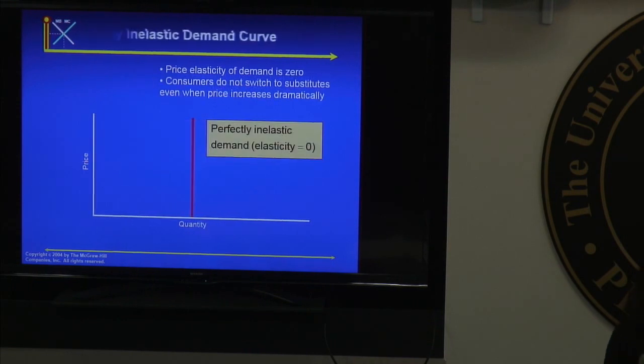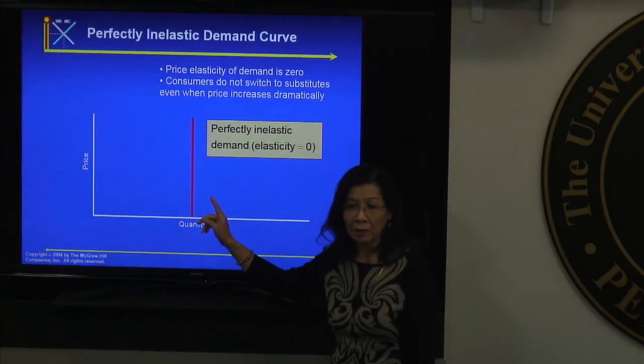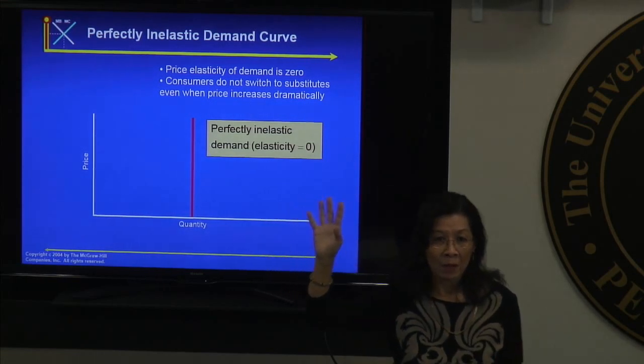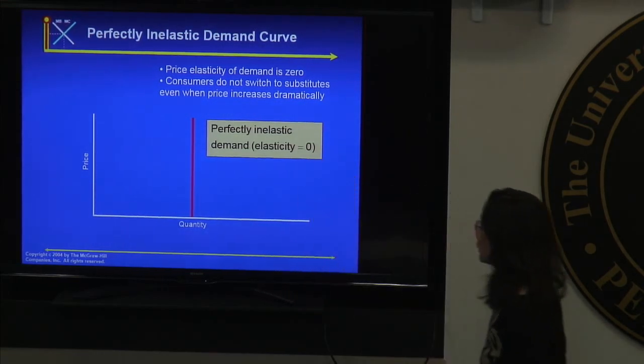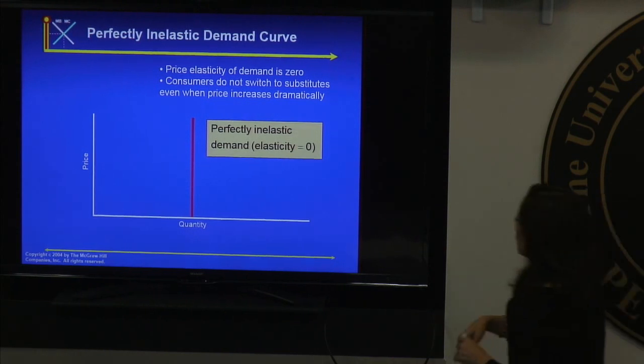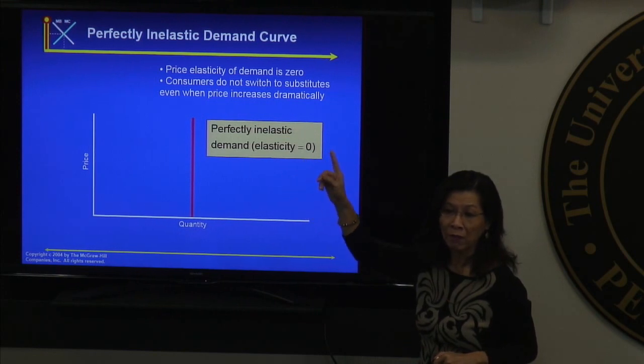Okay, so the other extreme, perfectly inelastic, stands up like a lamppost. It's vertical. This is the case where we say price elasticity of demand actually goes to 0 instead of going to infinity.